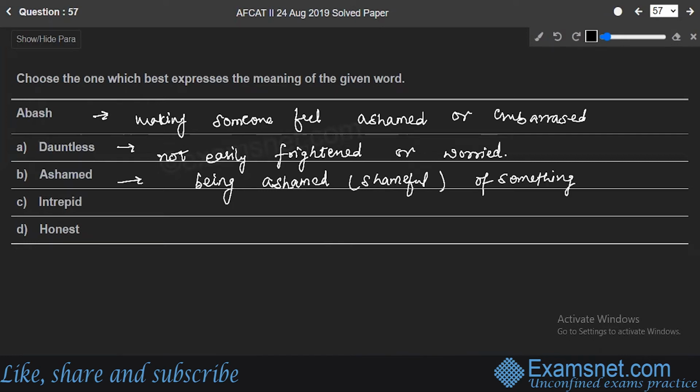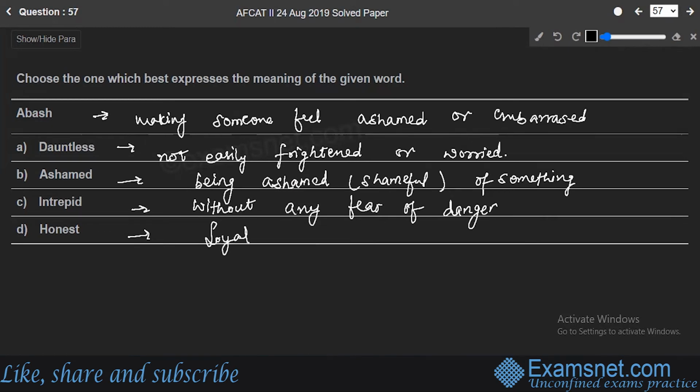And intrepid means without any fear of danger. And honest means one who is loyal, right?